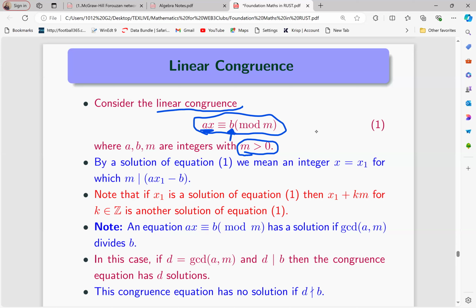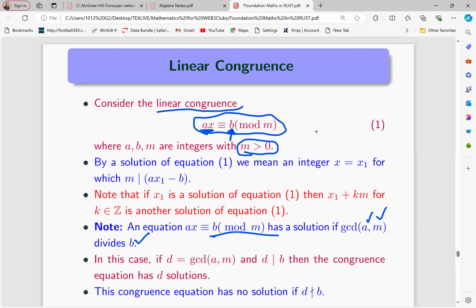So I've said here that this equation has a solution if the GCD of A and M divides B. If the GCD of A and M divides B, then we say that this linear congruence equation has a solution. How many solutions?